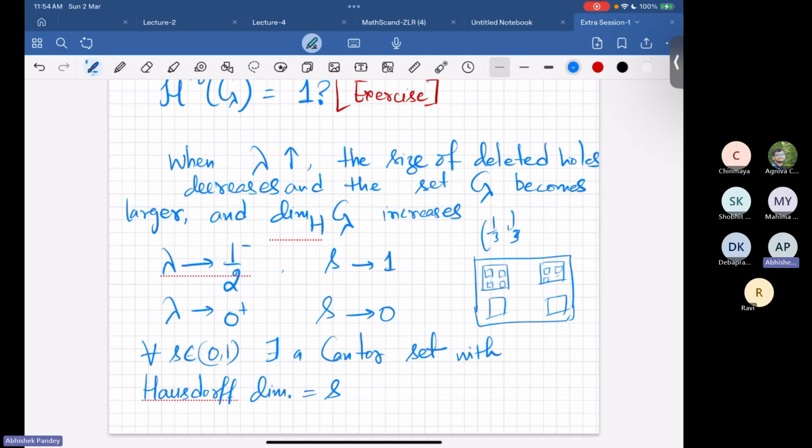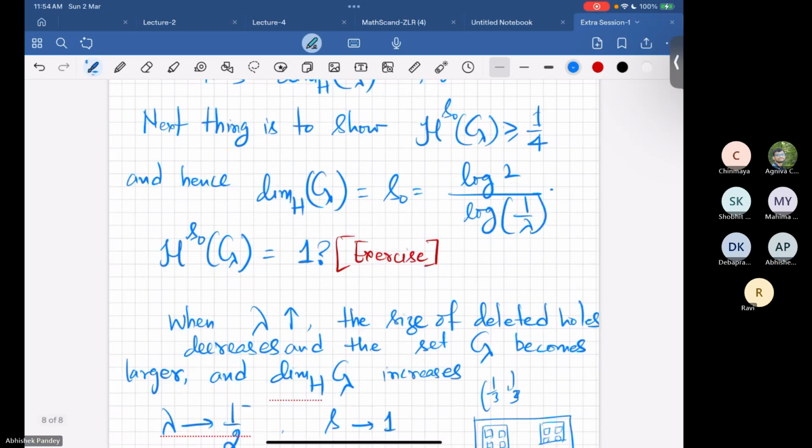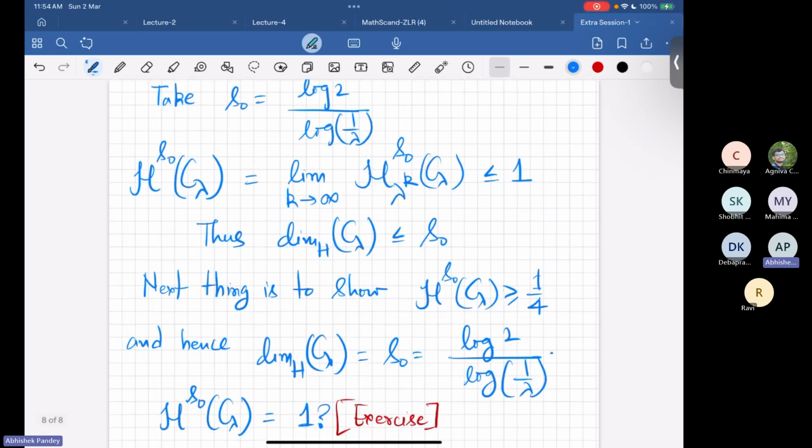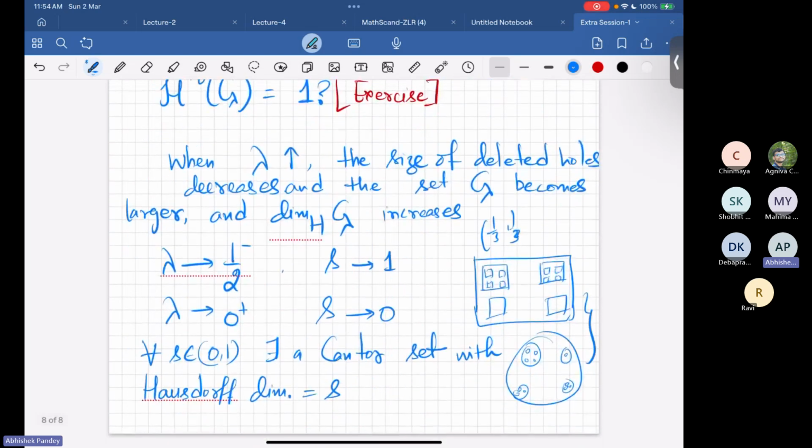One can also start with a circle and remove some circles. These generalizations are quite interesting once we talk about the Hausdorff dimension and measure. I will mention the reference where one can see all these things.